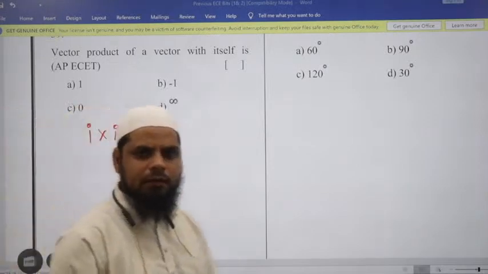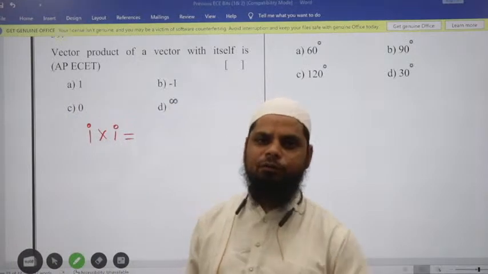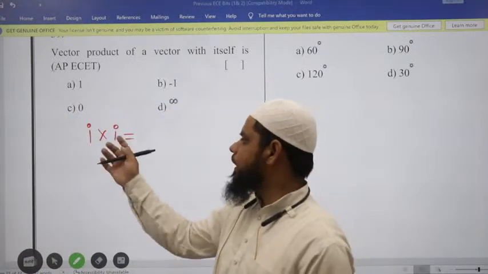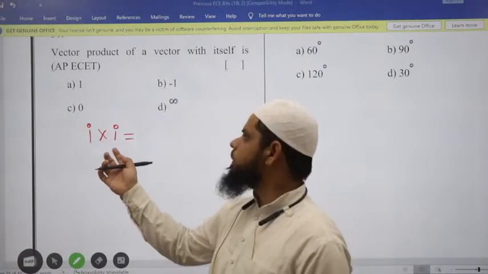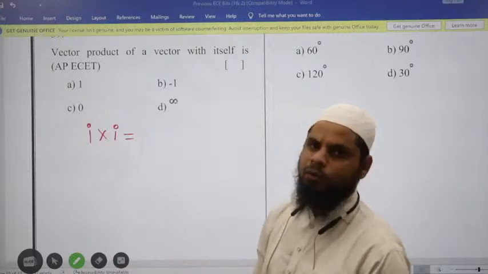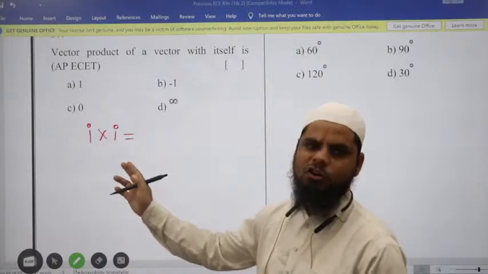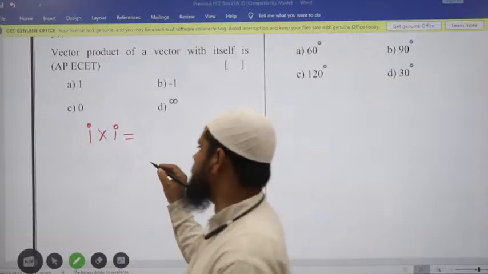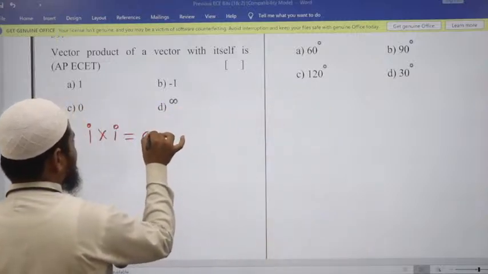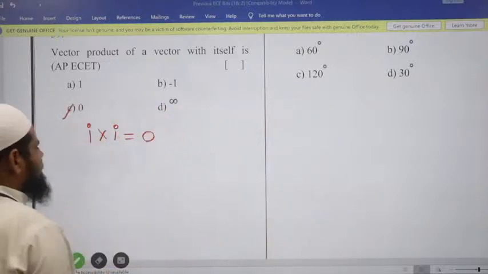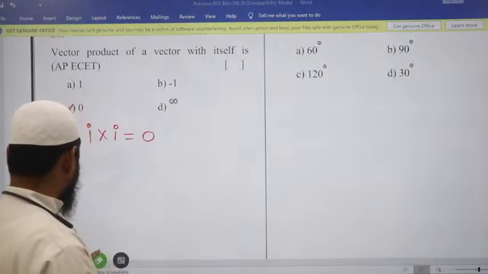I vector multiplied with I vector only. Then what would be the resultant? Look at this, i cross i, the cross product of similar vectors gives 0. C is the answer. Fine.